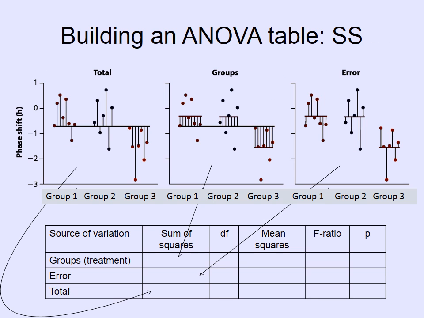What you get in ANOVA is an ANOVA table, and it's built on these variance calculations that we've been talking about. So let's see how we build it. We have sum of squares total, with an arrow pointing to where that is in the table.